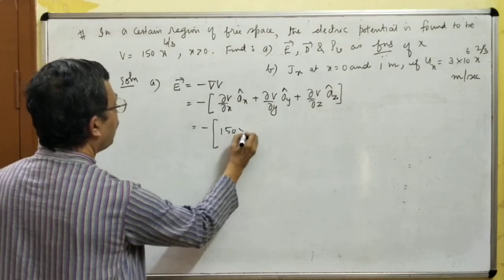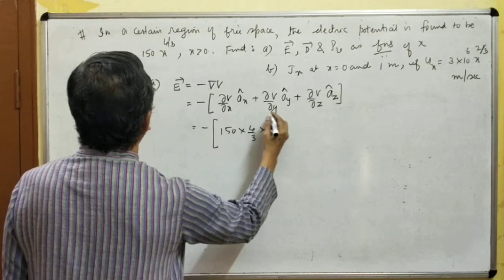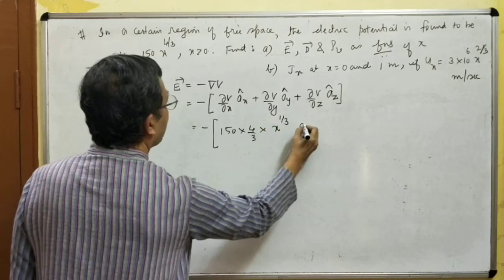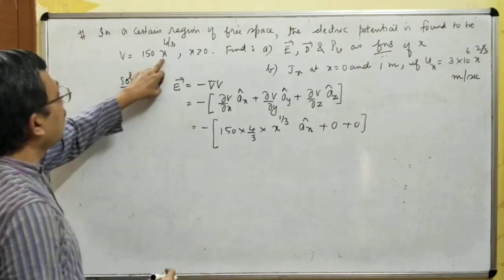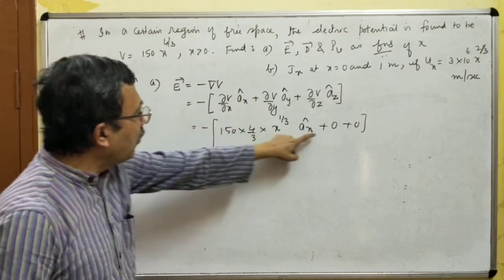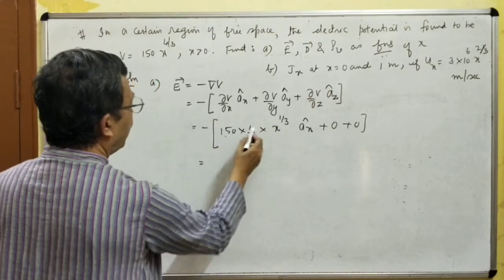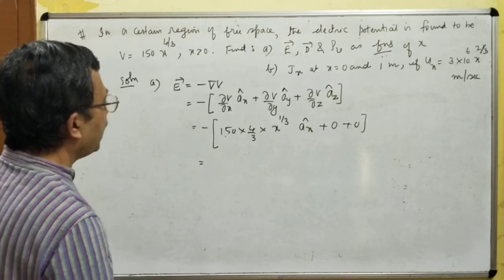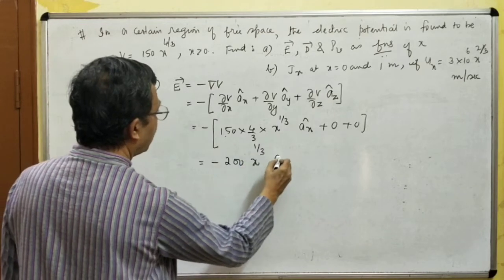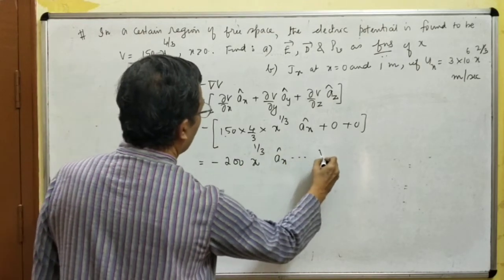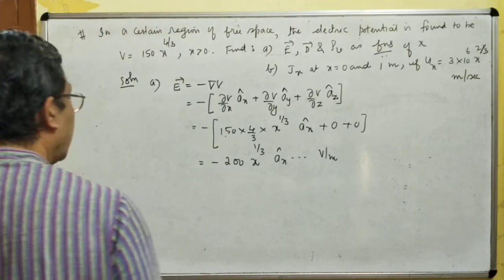So this is 150 into 4 by 3 into x to the power 4 by 3 minus 1, means 1 by 3, Ax cap. These two terms will be 0, because V is a function of x only, dou V by dou y will be 0 and dou V by dou z will be 0. So this is 600, 150 into 4 is 600, 600 by 3 is 200. So this is minus 200 x to the power 1 by 3 into Ax cap, so many volts per meter. This is the expression for vector E.